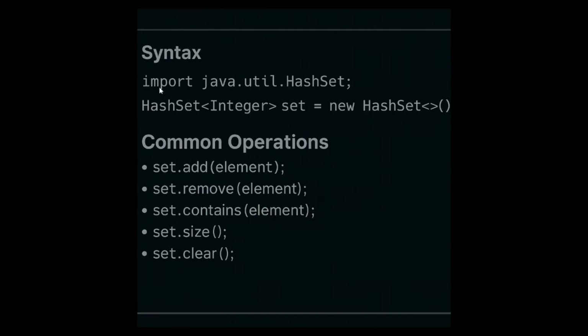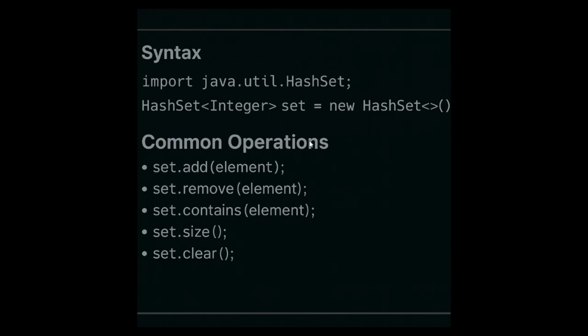Its syntax: while creating a hash set, we write HashSet and inside the angle brackets the data type, like Integer, then the name of the hash set, new HashSet, and then it's created.